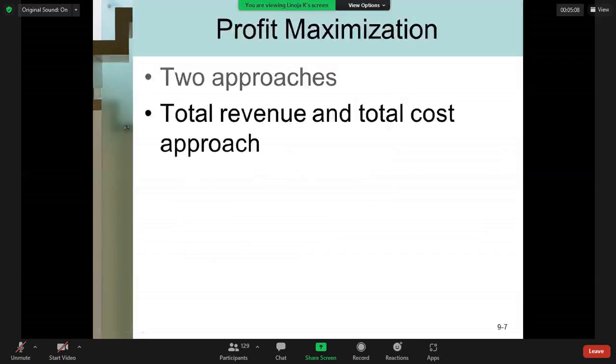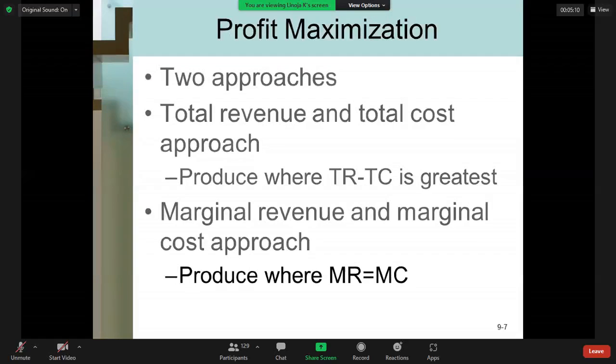So in this pure competitive market, there are two approaches for the profit maximizing condition. We have to look at both ways. One is the total revenue and total cost approach.